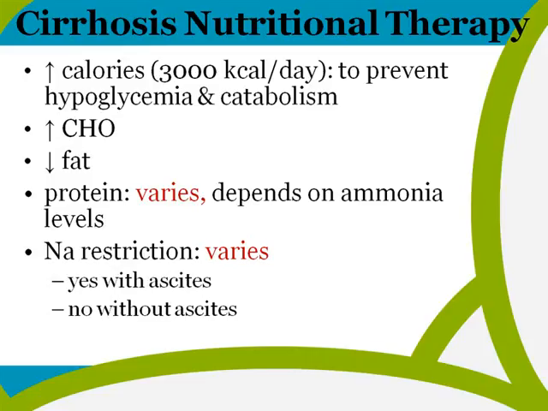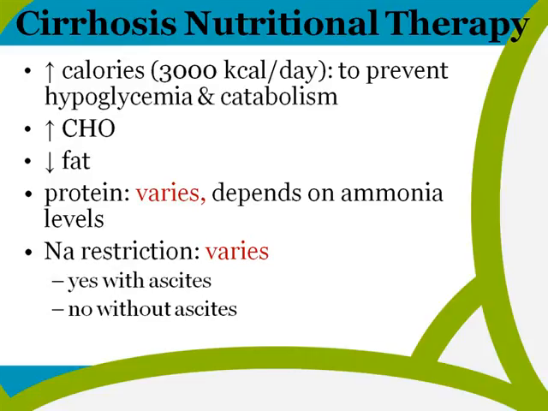I mentioned earlier with their protein levels, it will all be dictated based on how high is their ammonia level. If their ammonia level is super, super high, then no, they will not be allowed to take in protein. But if their ammonia levels are just barely elevated, well, then they'd be more likely to take in a protein meal. As far as the salt restriction goes, that's going to vary too.